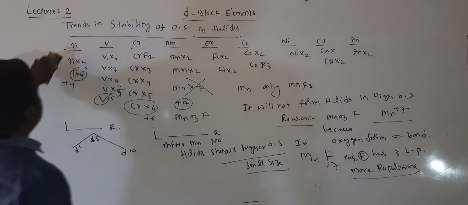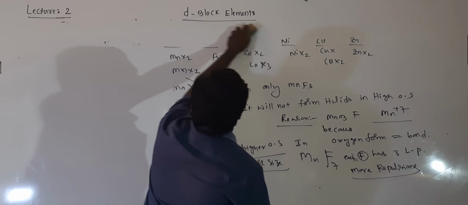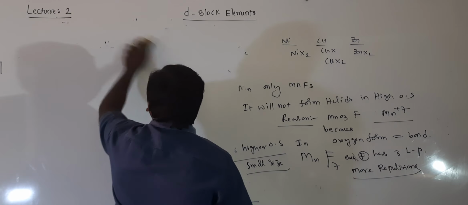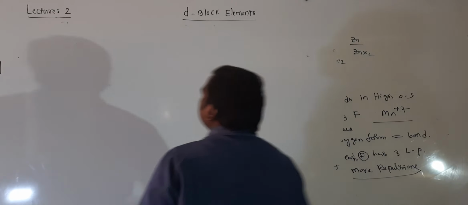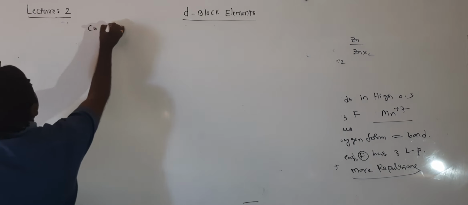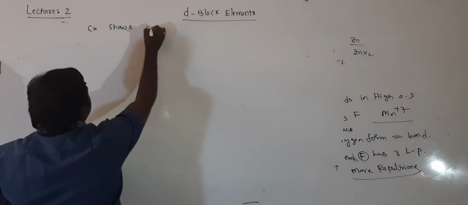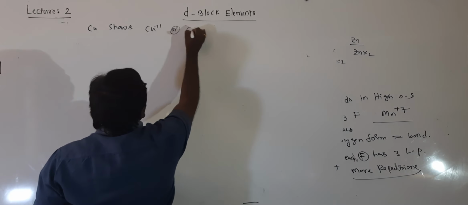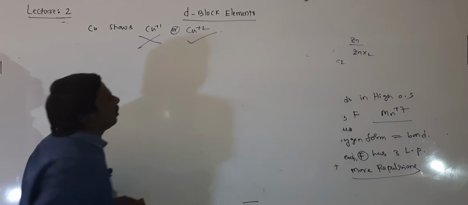Copper exhibits especially plus 1 or plus 2 oxidation state. Cu shows Cu plus 1 or Cu plus 2. Plus 1 is unstable, plus 2 is more stable.